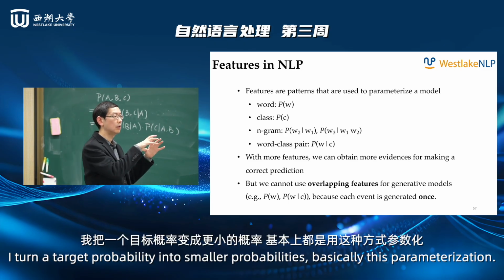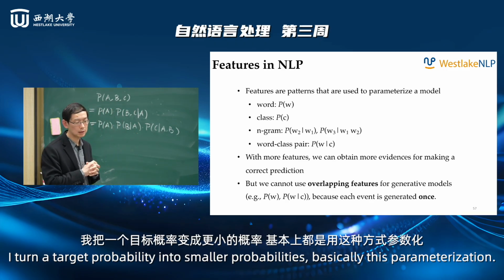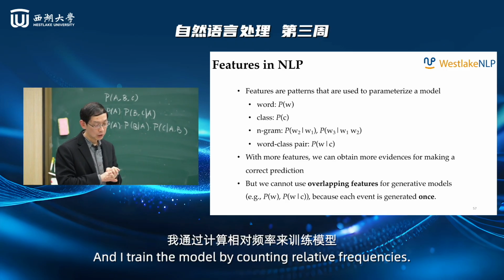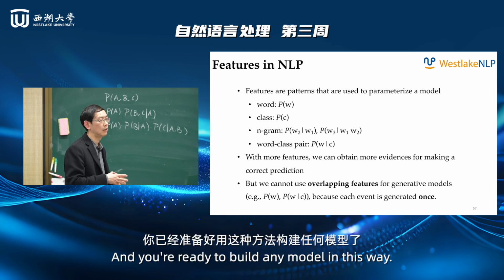I turn a target probability into smaller probabilities, basically this parameterization. And I train the model by counting relative frequencies. Okay, every model parameter counts relative frequencies. And you're ready to build any model in this way.